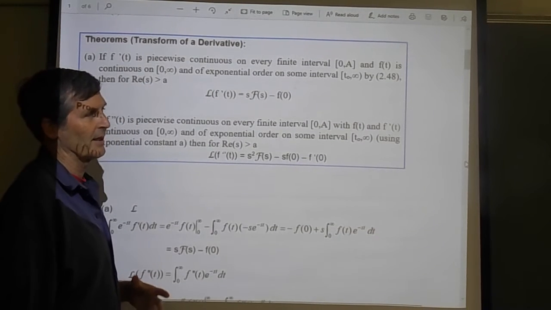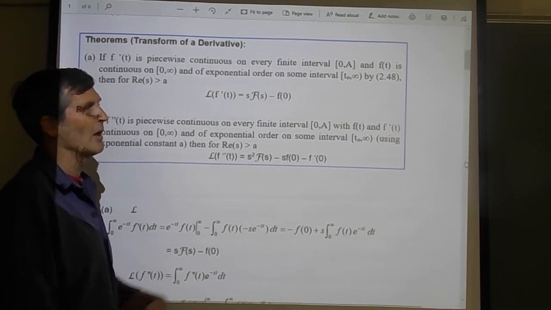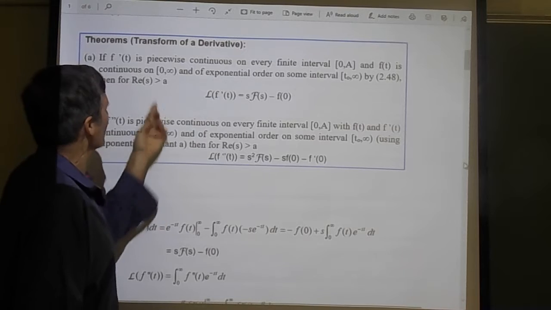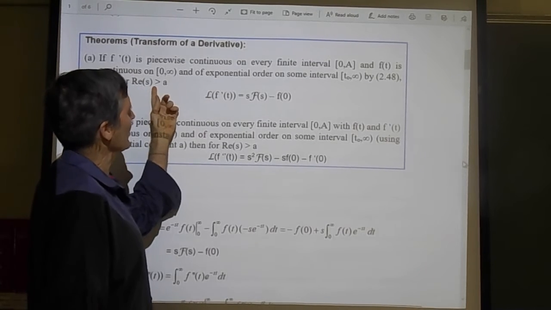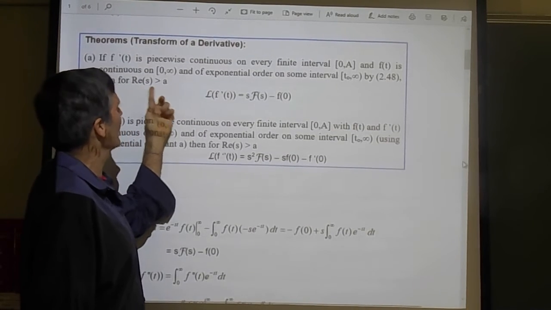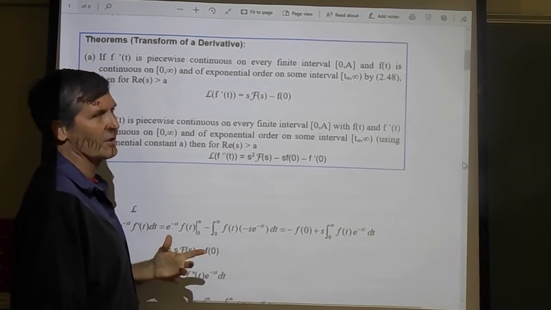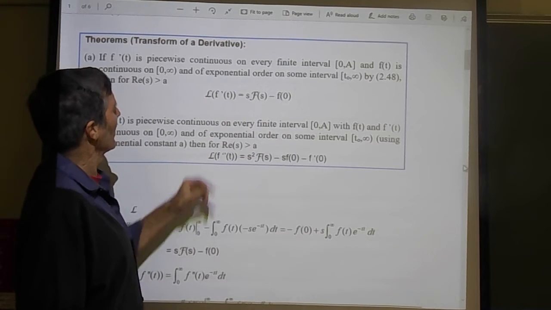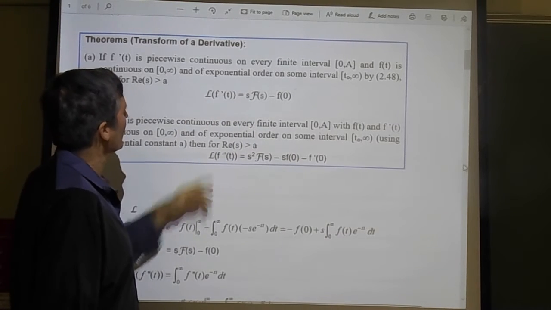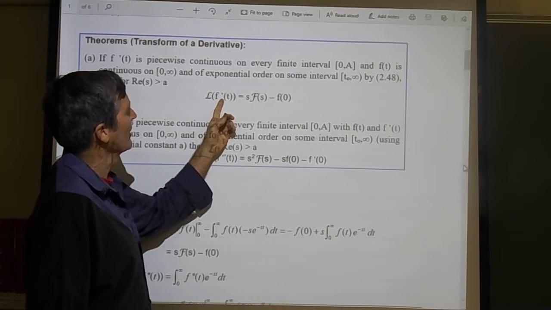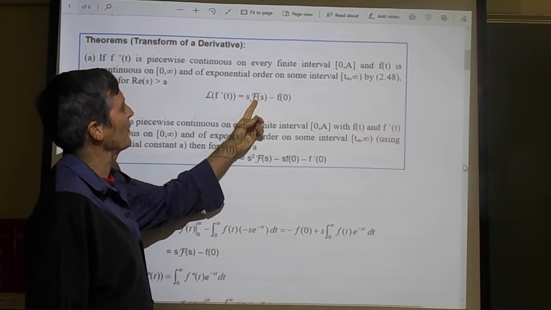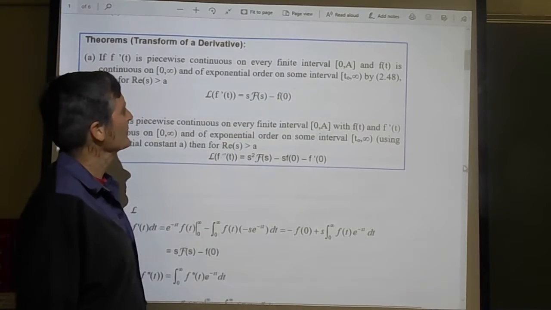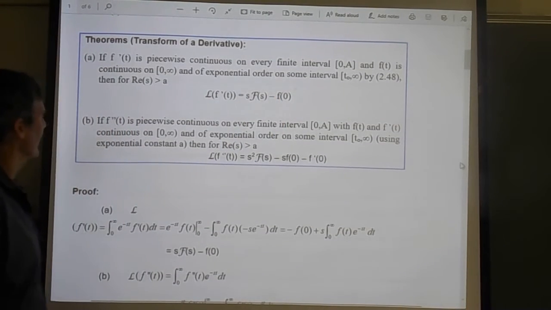Remember, you don't have to have the Laplace transform exist for all values of s, just for s big enough. So if f is less than M e to the at, then the Laplace transform will exist for s greater than a, or real part of s greater than a in the complex case. We'll just deal with real s here. And so the Laplace transform of f prime in that case is s times the Laplace transform of f, minus f of 0, the initial condition.